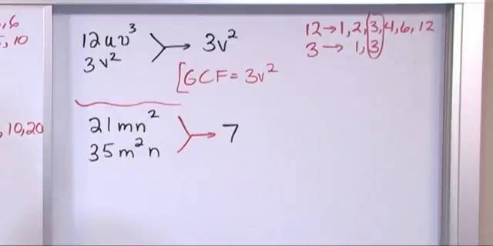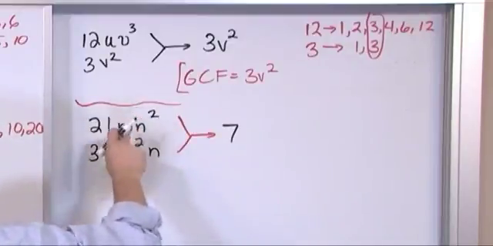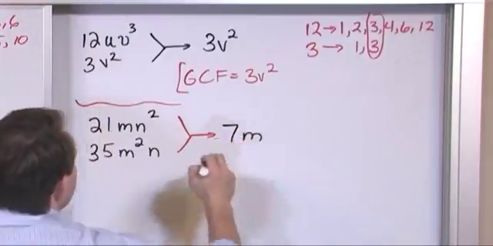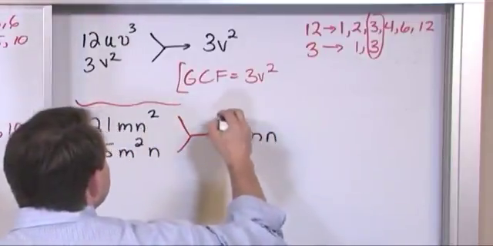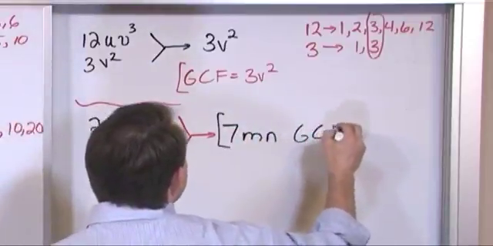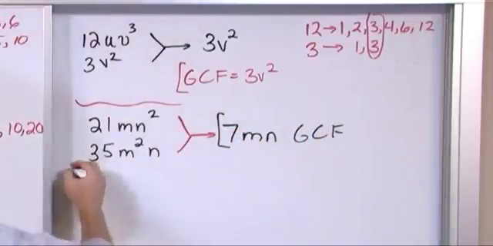So that's the greatest common factor of the numbers. For the letters, you have 1 m up here, 2 m's down here, so only 1 m is common. Here you have 2 n's and 1 n, so only 1 n is common. So there you go, that's the greatest common factor. 7 times m times n.